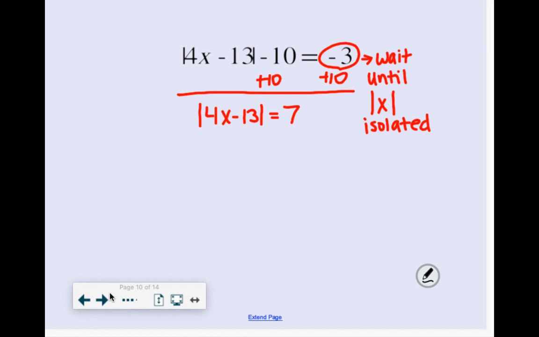The absolute value is isolated, meaning that my two equations will be 4x minus 13 can equal 7, or 4x minus 13 can equal negative 7. I'm going to add 13 to both sides on both equations. 7 plus 13 is 20.